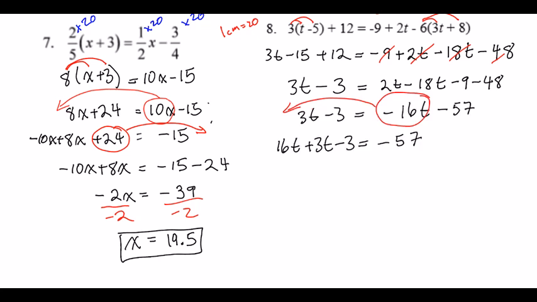Now, you'll notice all the t's are on the left side. And now we need to get rid of this minus 3 by moving it over to the left side. And we'll literally just move it over.